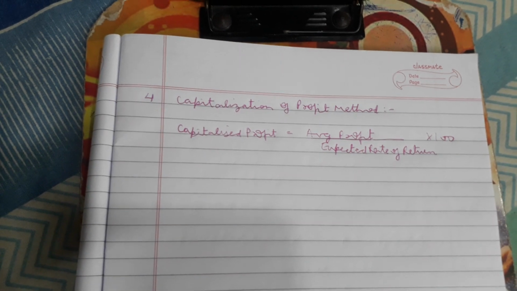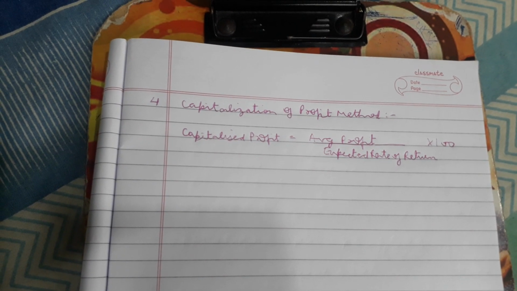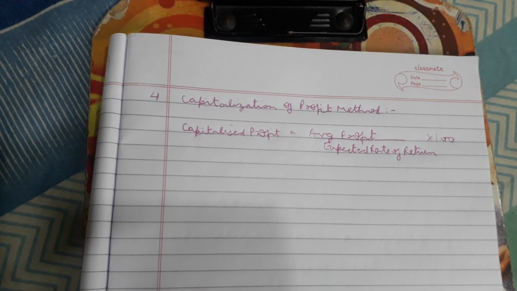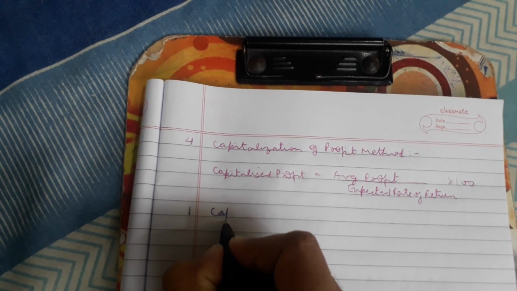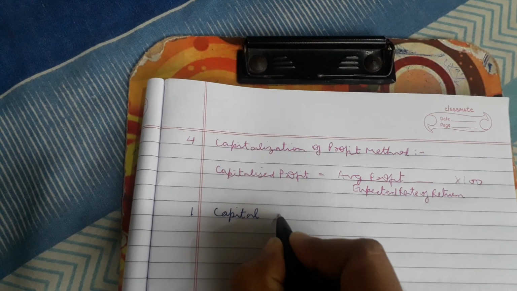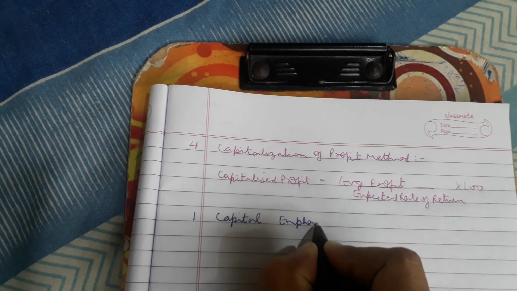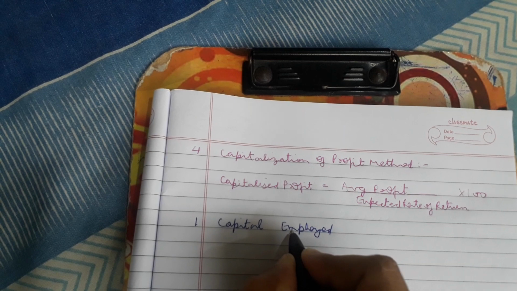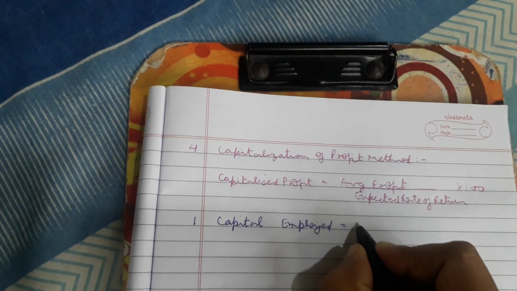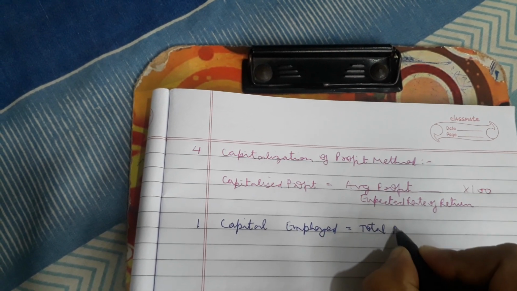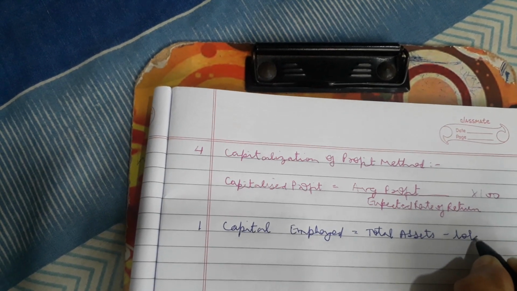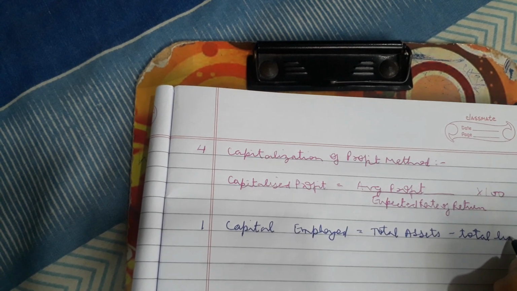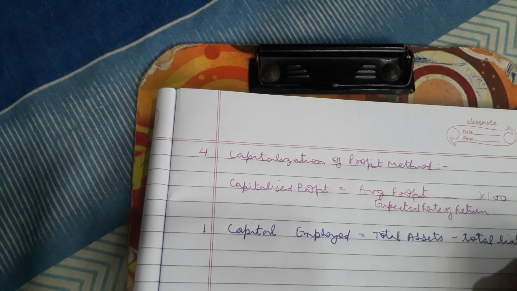To find out the goodwill by capitalization method, we have to do the following points. First, capital employed. Capital employed is equal to total assets minus total liabilities.